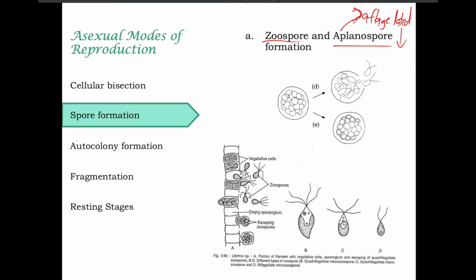But the zoospore, on the other hand, has flagella, meaning they are motile. Since the aplanospore starts out aflagellated, it can develop into a zoospore later on if it wants to, into a motile type of organism.